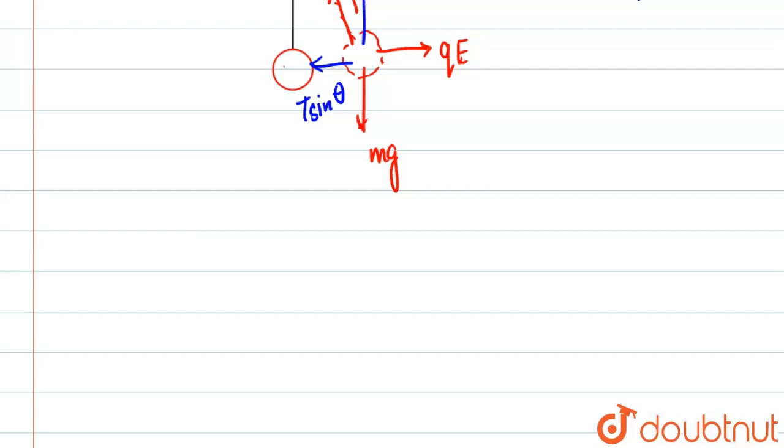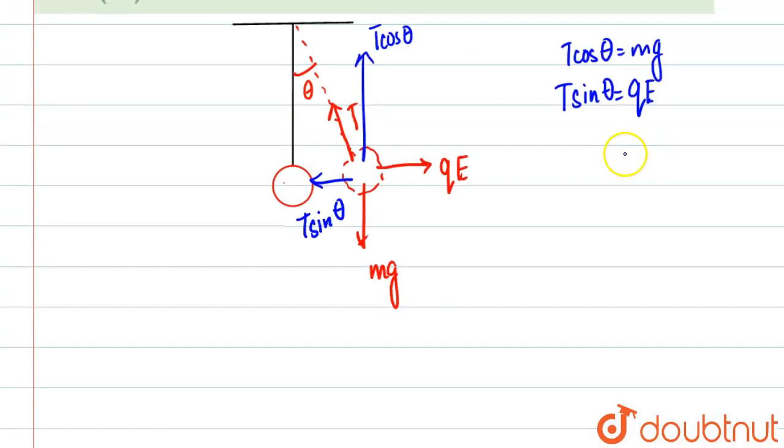Now we have the electric field, we have m, we have g, and we need to find theta.